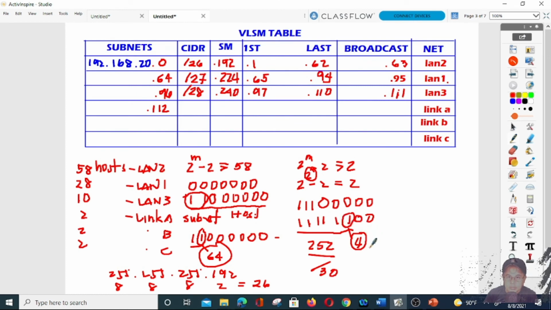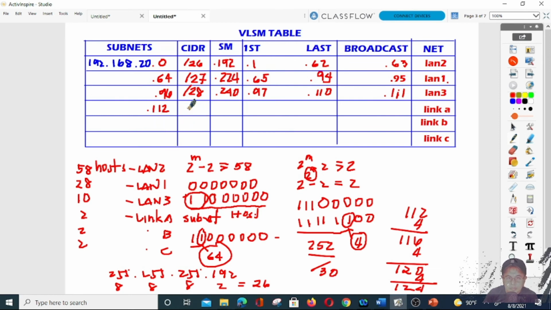So therefore, the last subnet is 112 plus 4, this is 116. And then we need another one because all of the requirements are 2, so just increment it by 4. This is 120 plus 4, this is 124. Okay.